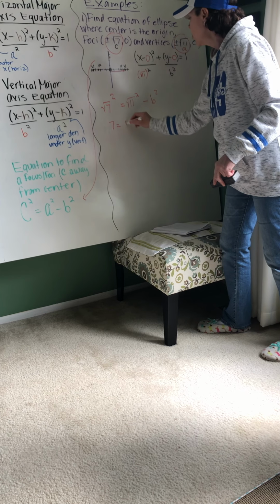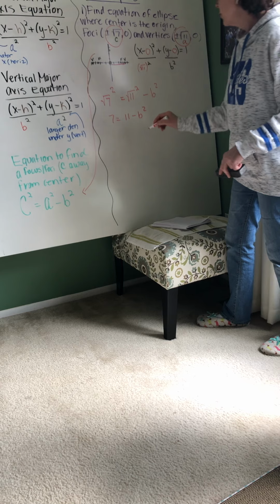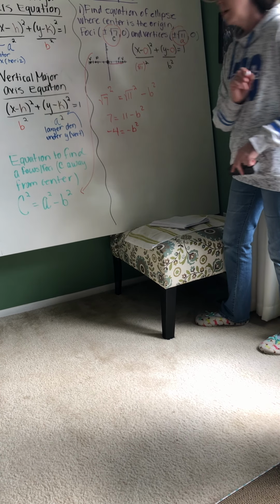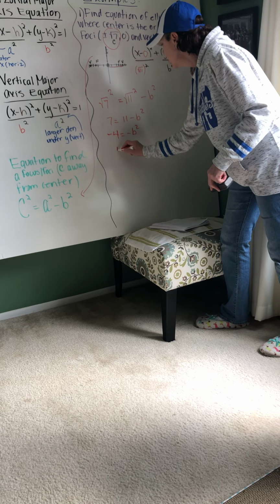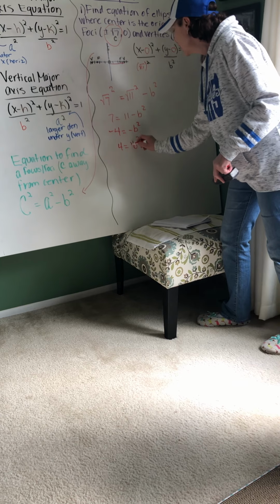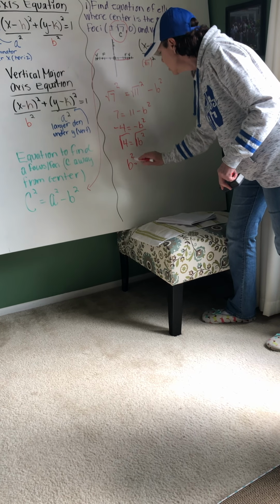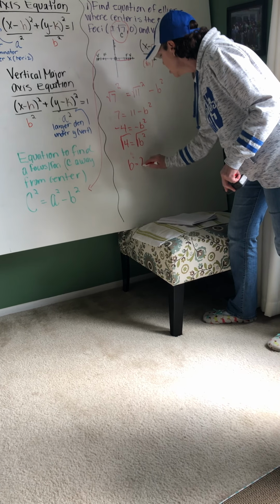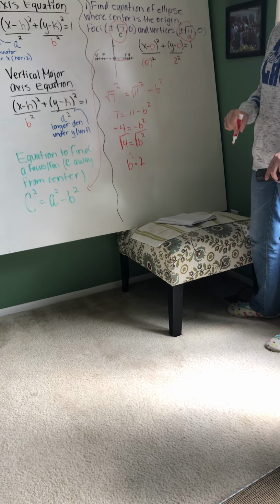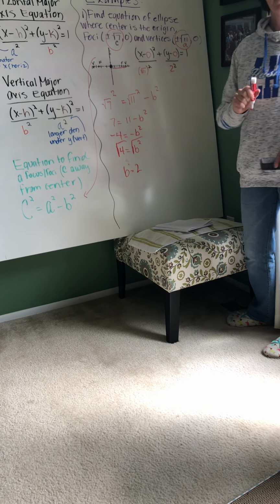Square root of 11 squared, 11, minus B squared. I'm going to subtract 11 from both sides. I'm going to multiply both sides by a negative. Ooh, this works out nice. I'm going to take the square root, and I get that B is 2. There we go. Now, of course, you could just write this as an 11. You could just write that as a 4.